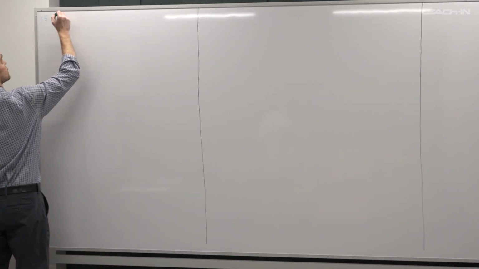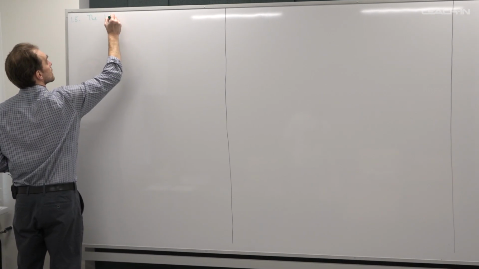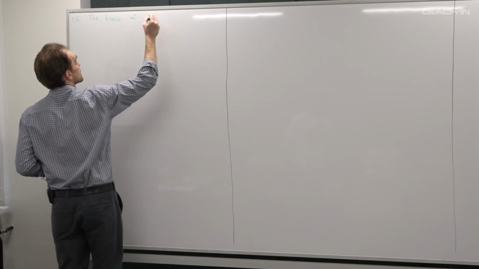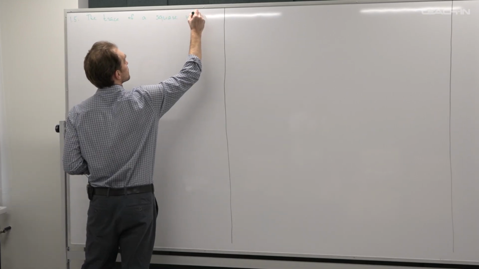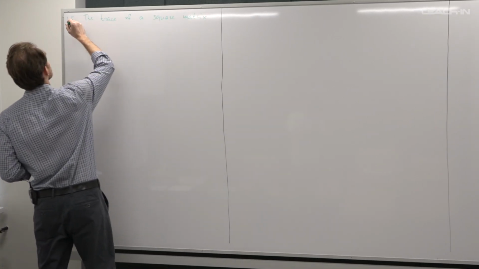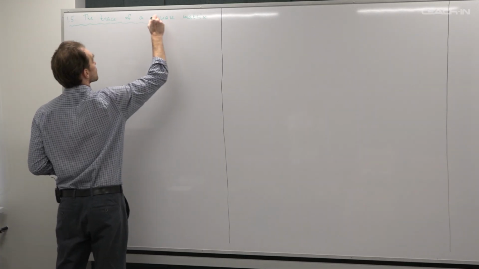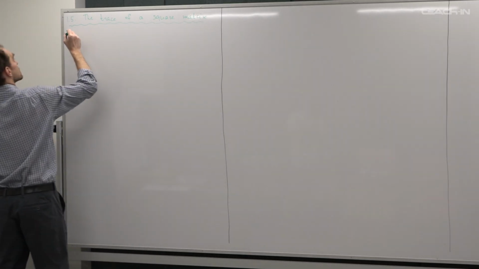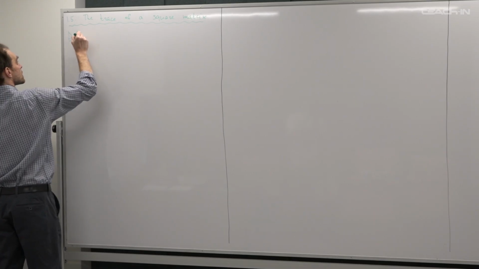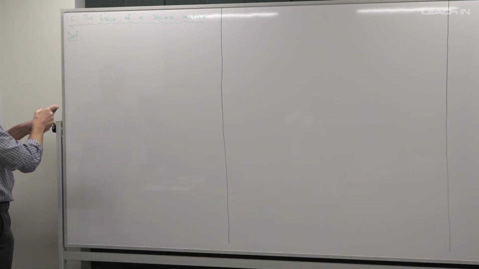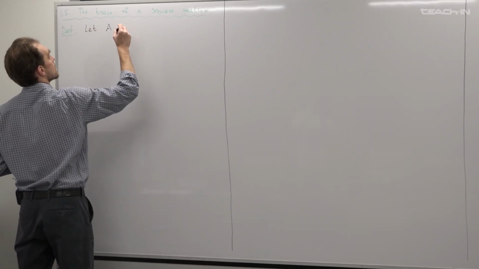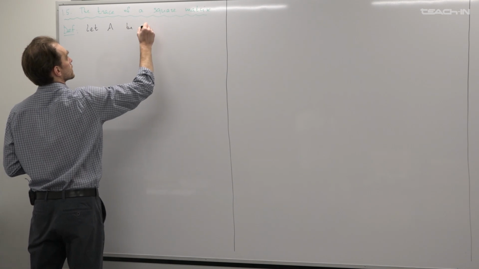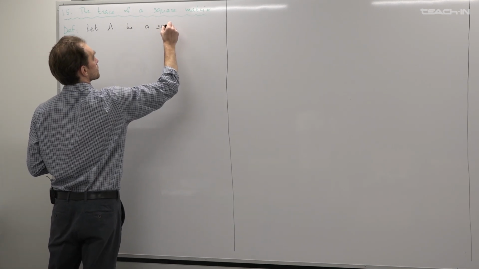So 1.5 is the trace of a square matrix. Definition. Let A be a square n by n matrix.